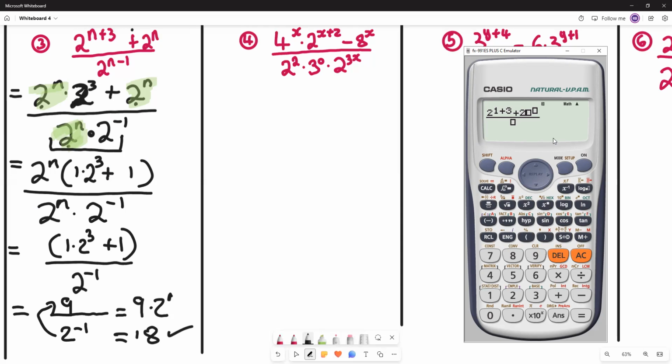So there I made a mistake. Let's fix that. 2 to the power of 1 all over 2 to the power of 1 minus 1. The answer must be 18. You see, if the answer doesn't give you 18, you know that you have made a mistake somewhere. Right, I showed you how to test your exponential expressions now, right? Perfect.